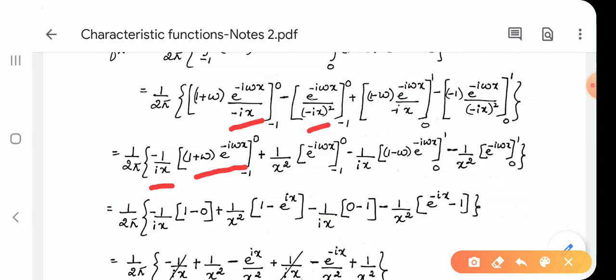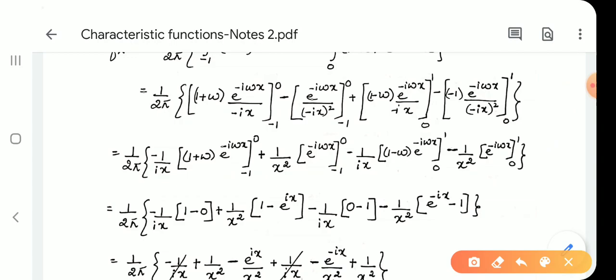Here, minus ix square: the square of a negative number is positive, so it becomes i square x square. The value of i square is minus 1, so it becomes minus x square. So minus, and the minus outside here, it becomes plus. So you will get a plus 1 by x square outside, and I will apply the limits for e power minus i omega x.